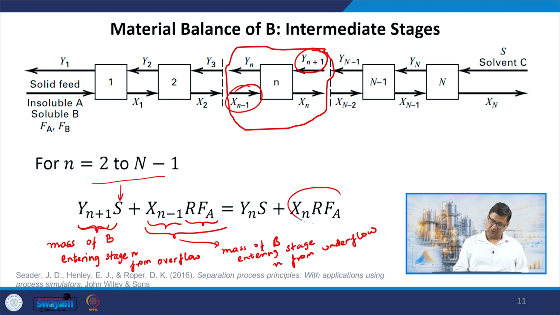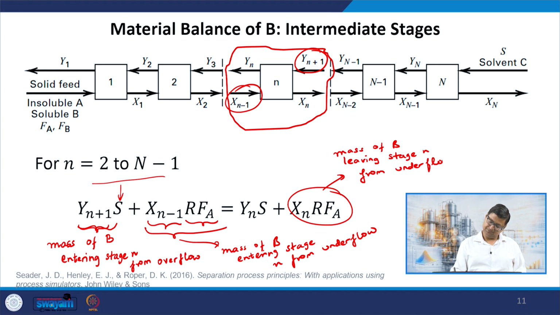So xn into RFA is the mass of B leaving stage n from the underflow, and this is the mass of B leaving stage n from the overflow.